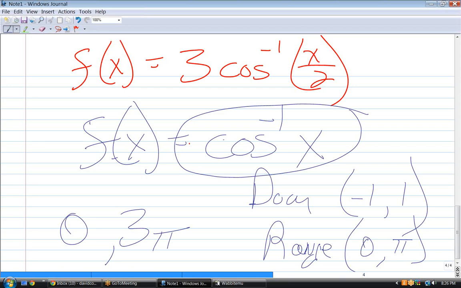Well, what about the horizontal stretch by 2? Would that affect it? That only affects the horizontal, and that, oh man. I've confused myself now. Let me think for a moment.